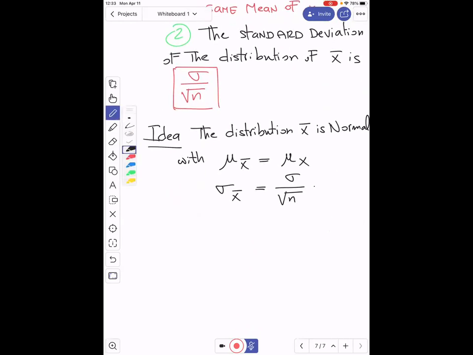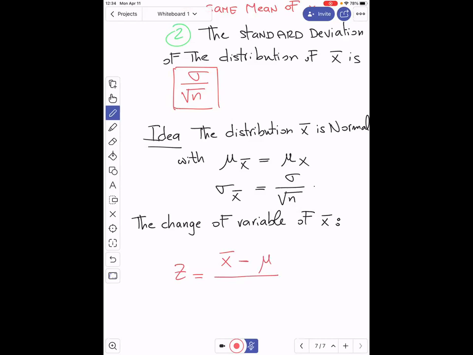So when we do a change of variable for X bar, Z would be X bar minus the mean of the distribution of X bar, but the mean of the distribution of X bar is the same as the mean of the distribution of X. So it's X bar minus mu divided by the standard deviation of the distribution of X bar, which is sigma over square root of n.